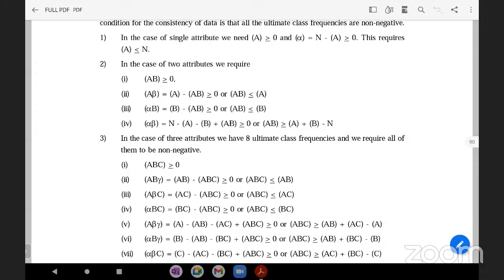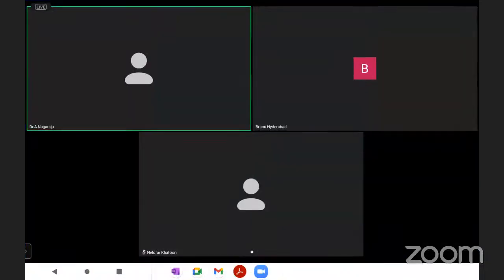Two classes are second order, and I'm now checking the third order. A beta gamma equal to A minus AB minus AC plus ABC is greater than or equal to 0. If all are greater than or equal to 0, then we can decide on the classification.